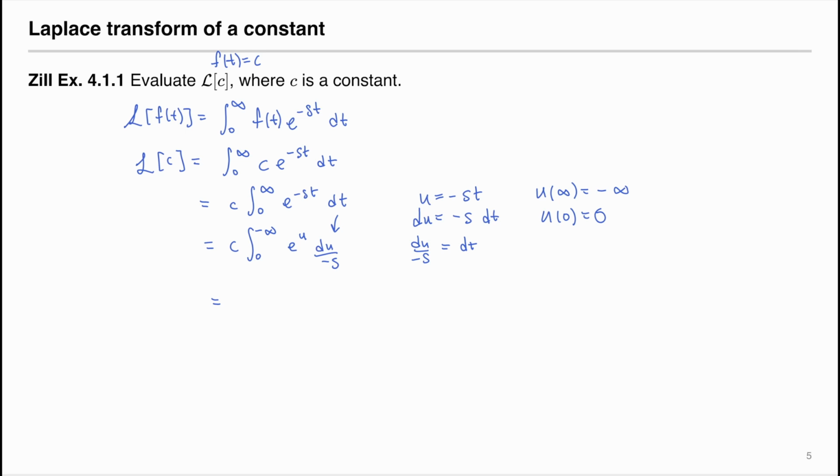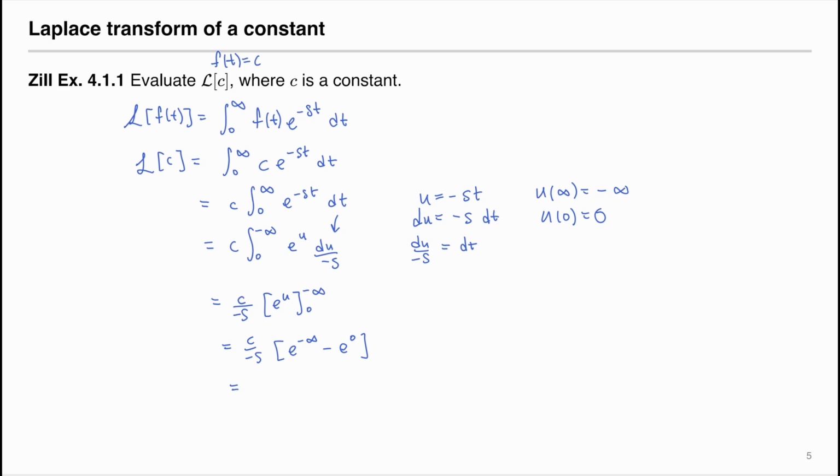Now we view s as a constant, so s can be taken out. So we're integrating e to the u from 0 to negative infinity. And to expand that, we have e to the negative infinity minus e to the 0.